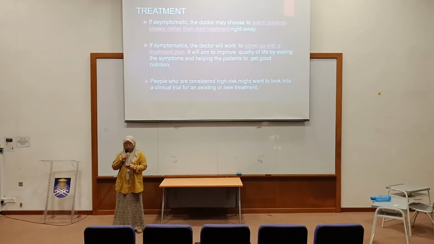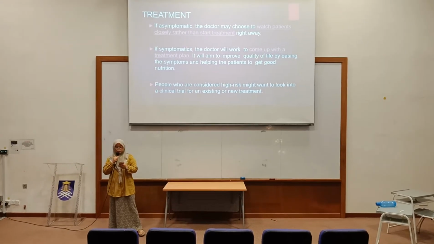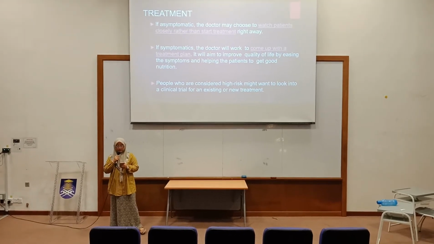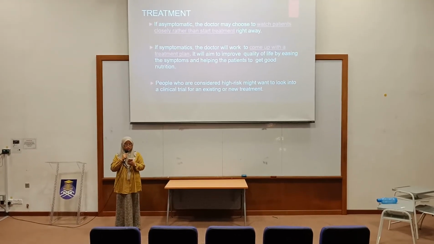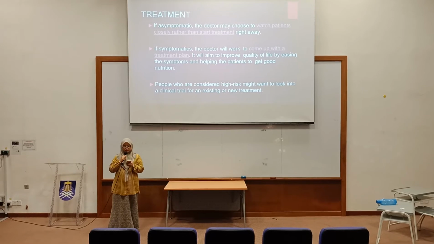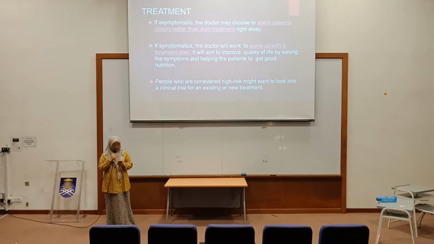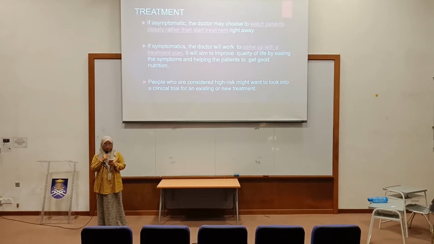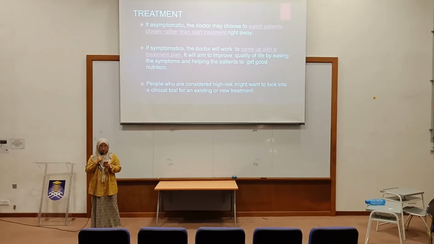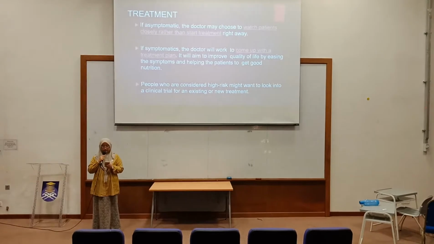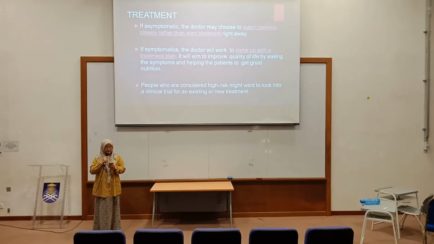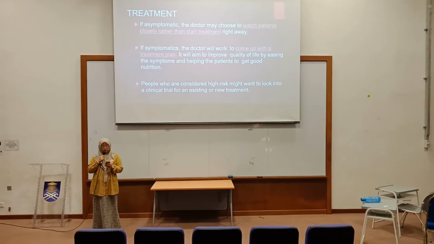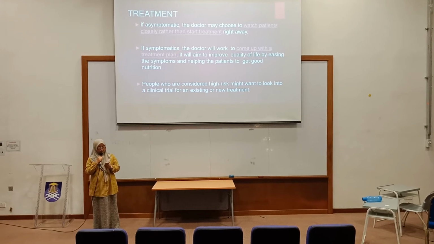I will continue with the treatment. Usually, if asymptomatic, the doctor may choose to watch the patient closely rather than start the treatment right away. If symptomatic, the doctor will work to come up with a treatment plan. It will aim to improve quality of life by easing the symptoms and helping the patient to get good nutrition.